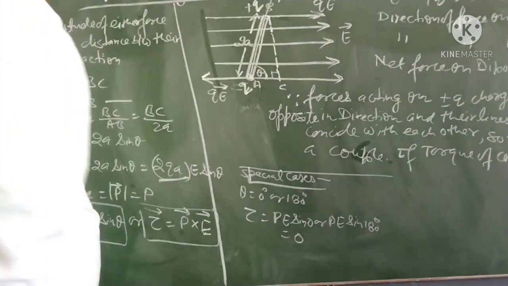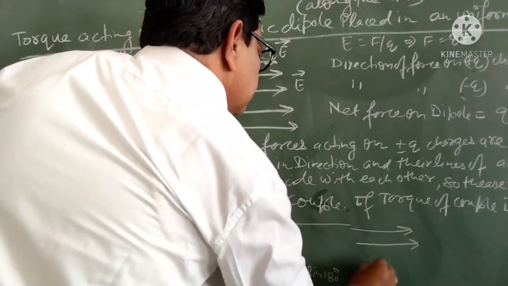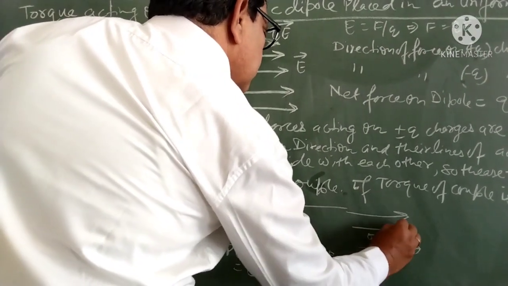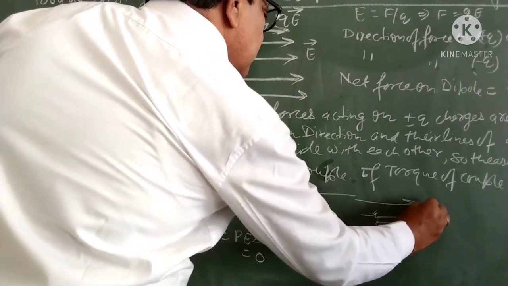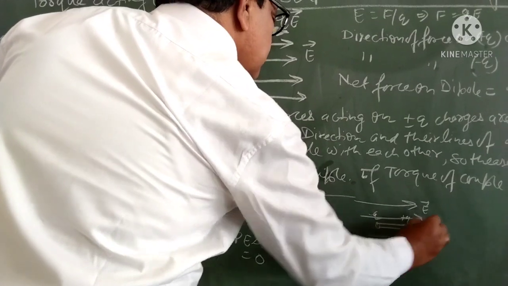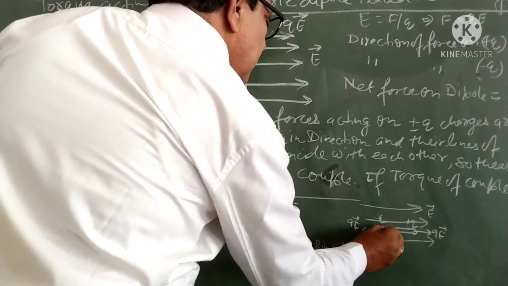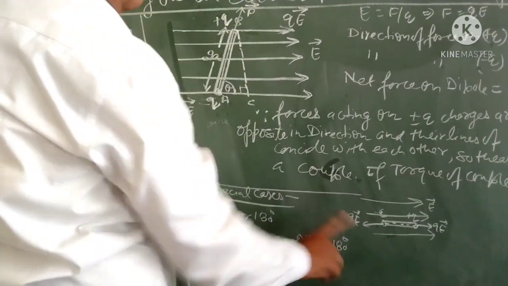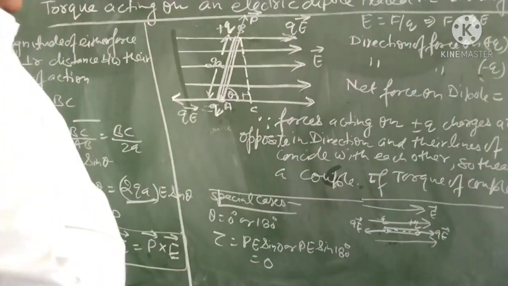You know the value of sin 0, sin 180 both are 0, so torque will be 0. We can show the dipole in electric field. Charge is minus q plus q. It is placed parallel to electric field. Forces qE और माइनस चार्ज पर qE. लाइन ऑफ एक्शन दोनों का देखिए एक साथ coincide कर गए, इसलिए कोई couple form नहीं करेगा. अगर couple नहीं है तो कोई torque act नहीं करेगा.